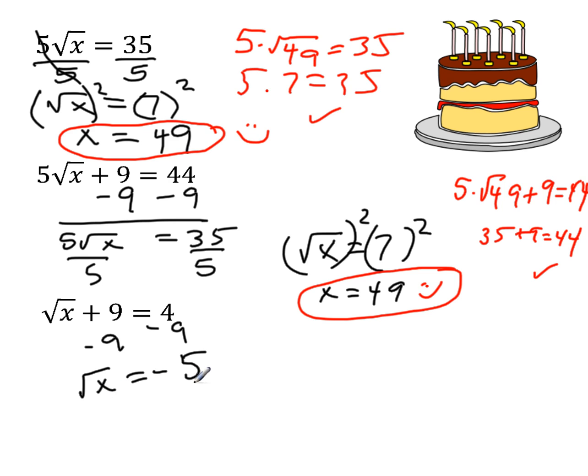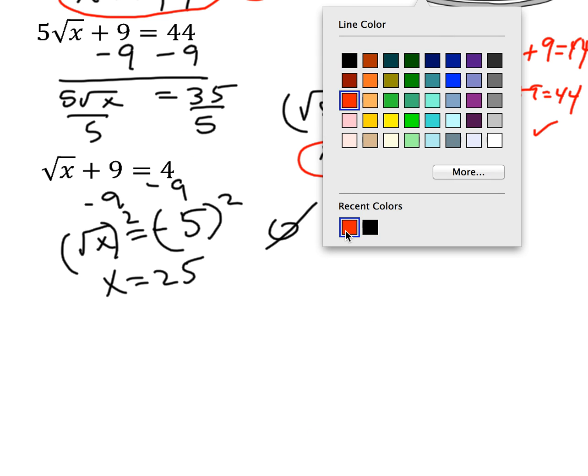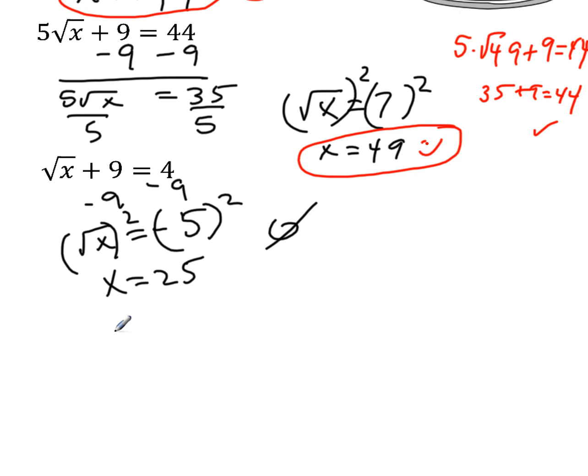So some people look at this and they know there's no solution. Other people don't. They keep going. So they say, I'm going to square this side, I'm going to square this side, I get x equals 25, and I'm done with the problem. But the problem with the answer is that when you go to check it, you're going to take the square root of 25 plus 9 equals 4. The square root of 25 you're going to think of as 5.